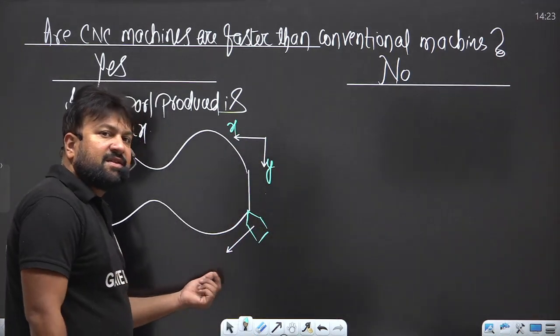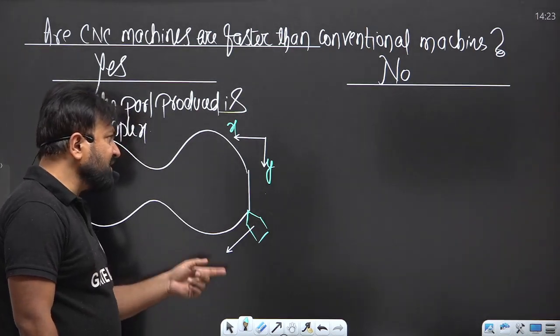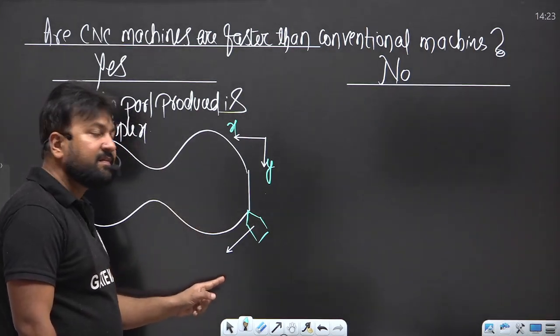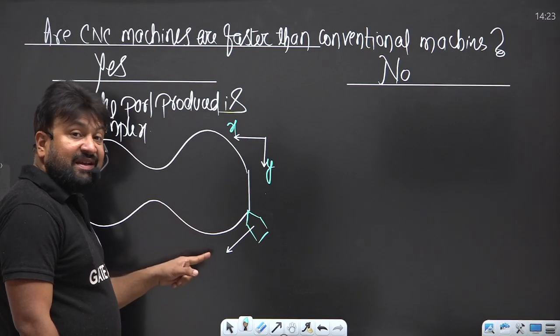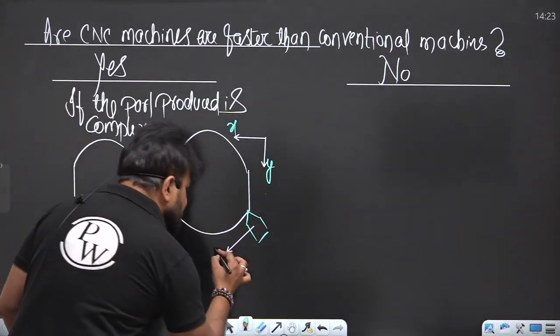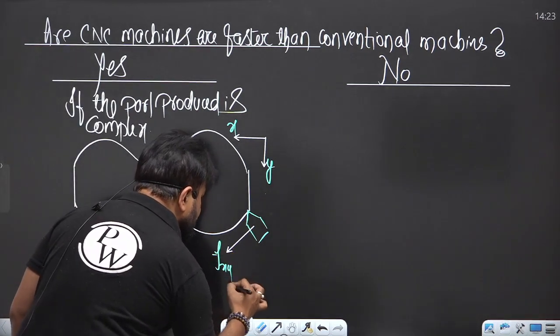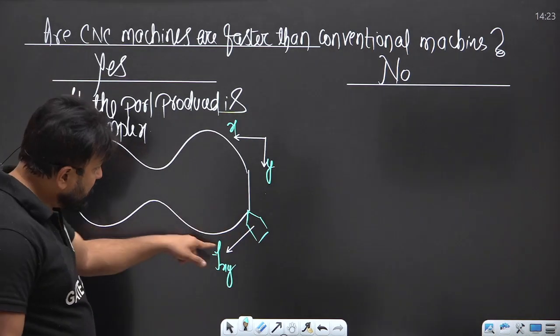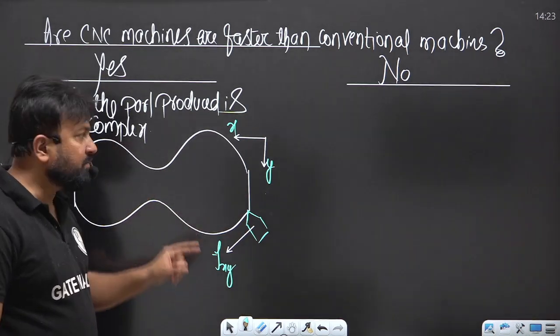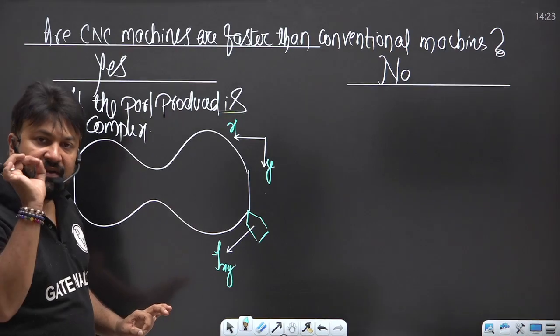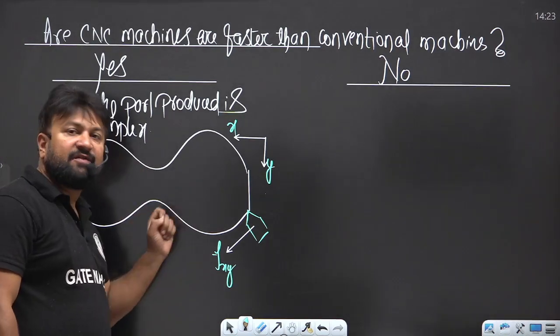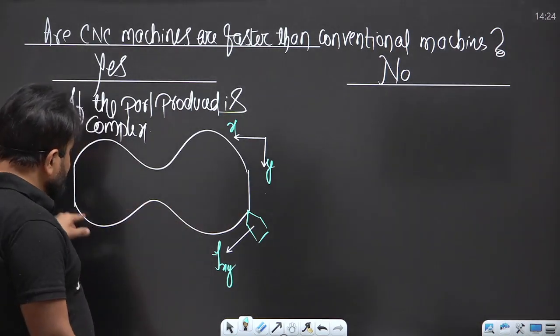You can see that the feed of the tool is not given in the x direction or y direction alone, it is given in the xy direction. So the movement of the tool is very difficult. If you use a conventional machine, it is very difficult to maintain this shape.